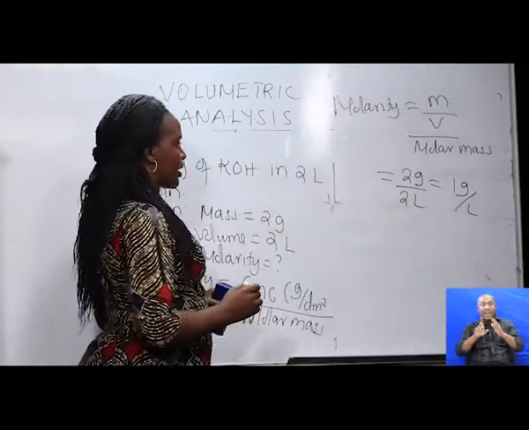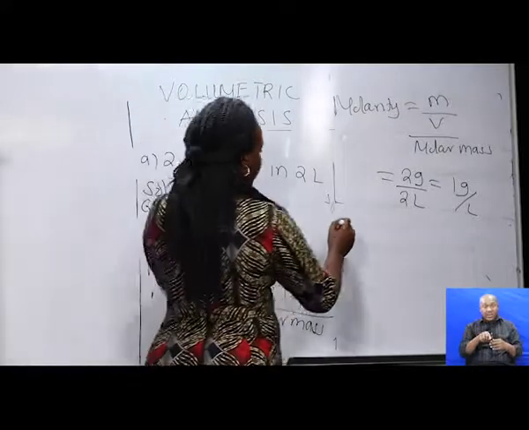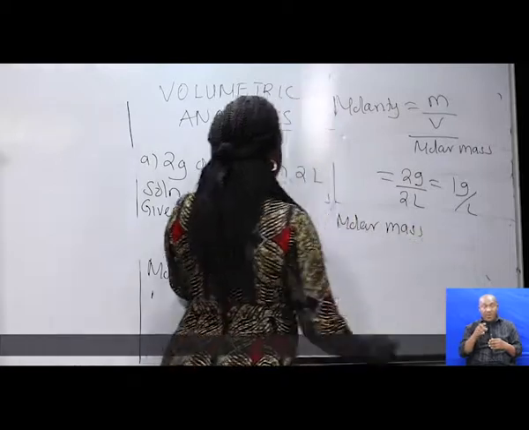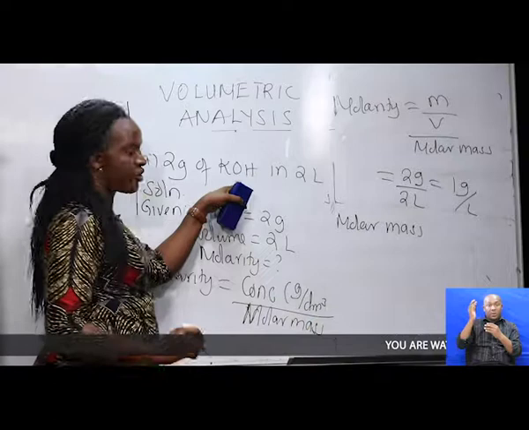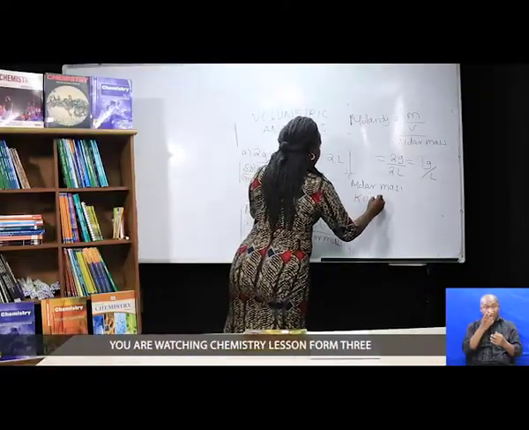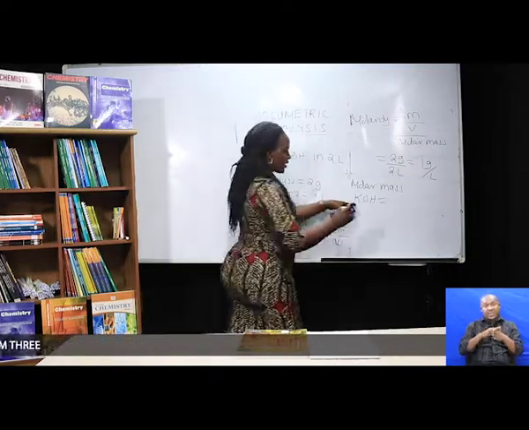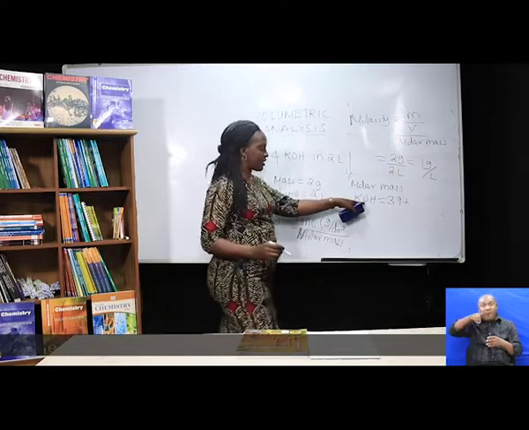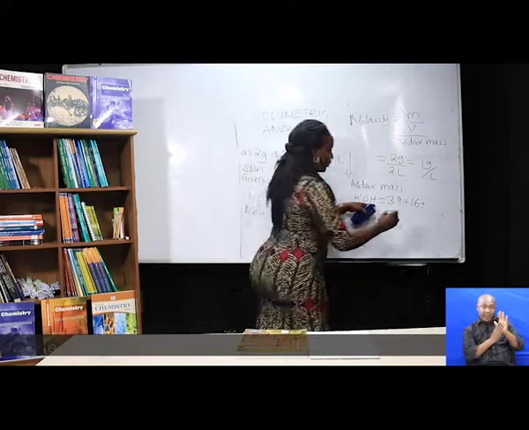This is the concentration. And what is the molar mass of potassium hydroxide? You can refer to the Form 2 topic, but let us remind you how we find the molar mass. Potassium hydroxide can be calculated: the atomic mass of potassium is 39, plus the atomic mass of oxygen, 16, plus the atomic mass of hydrogen, 1.